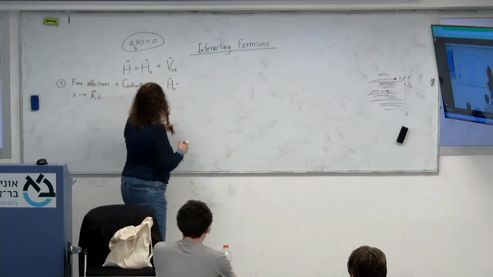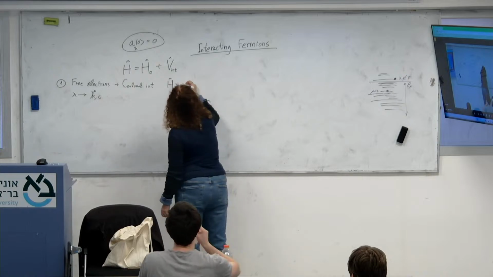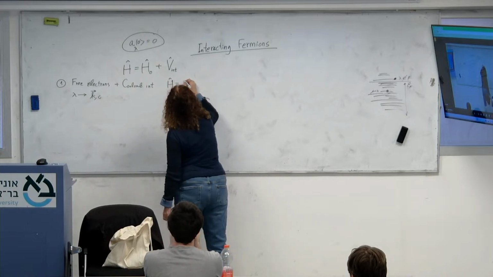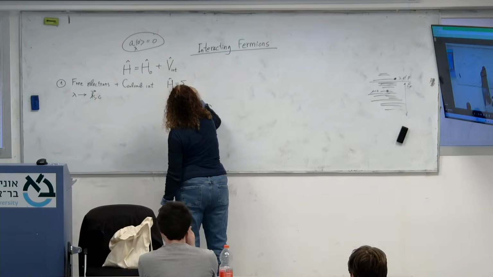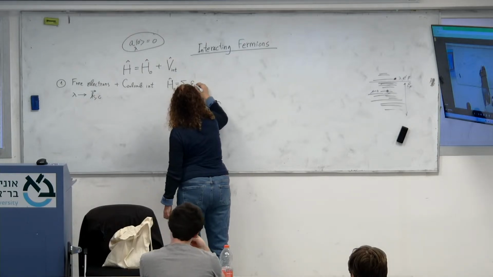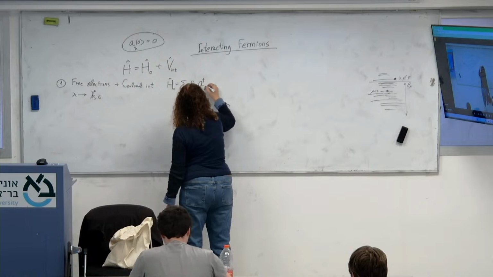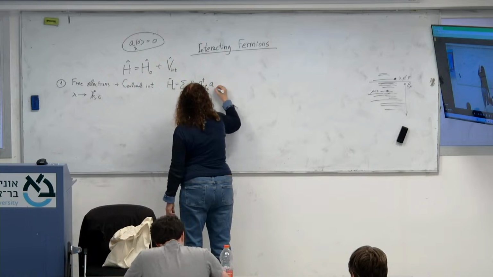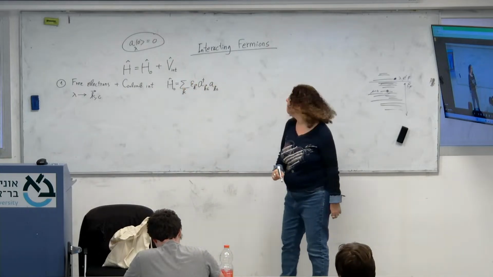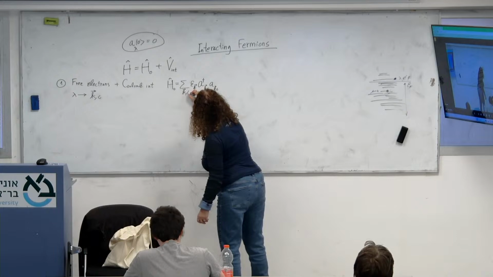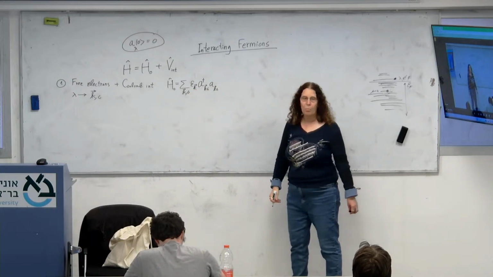It's a two-state thing. And we can write H naught as a sum over k, epsilon k, a dagger k sigma, a k sigma. Okay? Sorry, and of course the sum over k and sum over sigma.